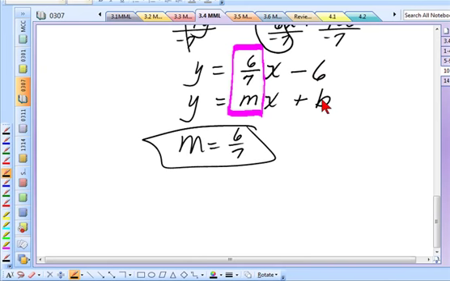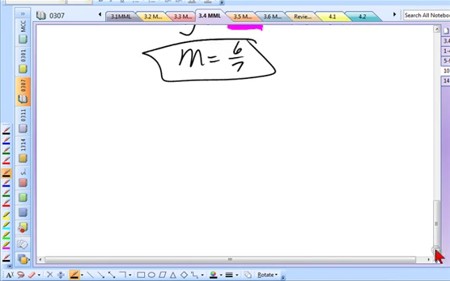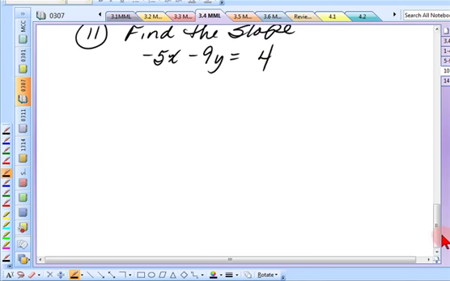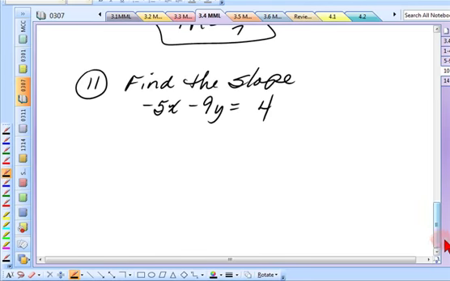All right, let's look at 11. It says to find the slope. And it gives us negative 5x minus 9y is equal to plain old 4. What do I have to do to find the slope?